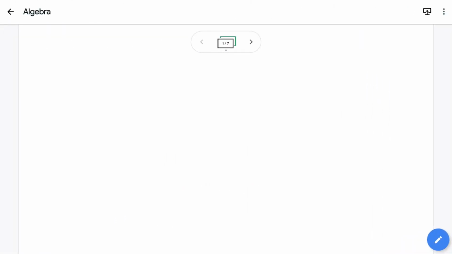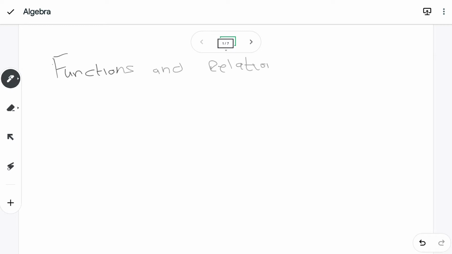Before we do anything, I just want us to remember functions and relationships. Remember from the last lesson, we figured out that there are always going to be variables.